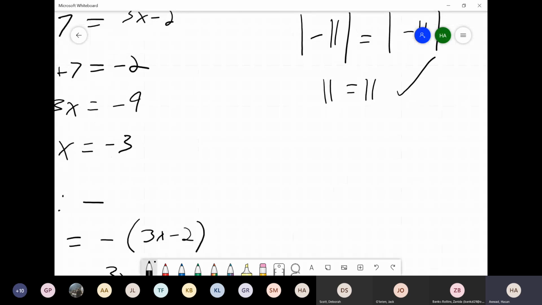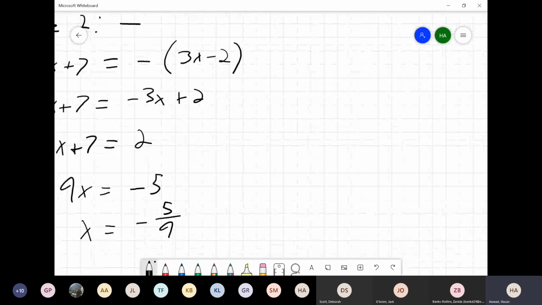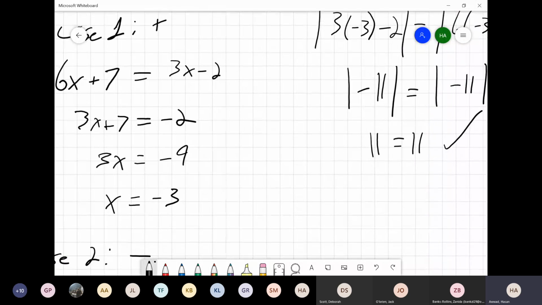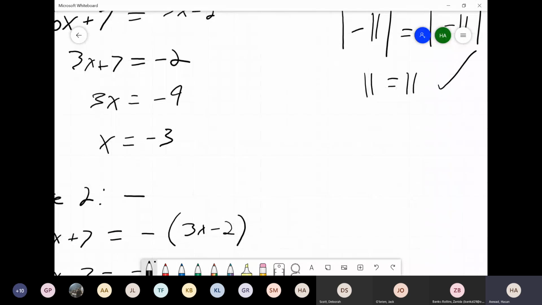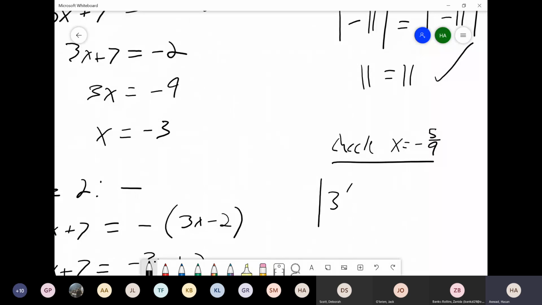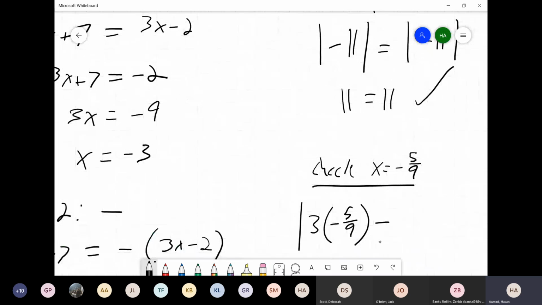And now we just have to do the same thing, but for negative 5/9, which, albeit pretty gross, is not something that we all want to do, but it doesn't hurt to do it. So check for x is equal to negative 5/9. And doing this, we're going to have the absolute value of 3 times negative 5/9, minus 2.